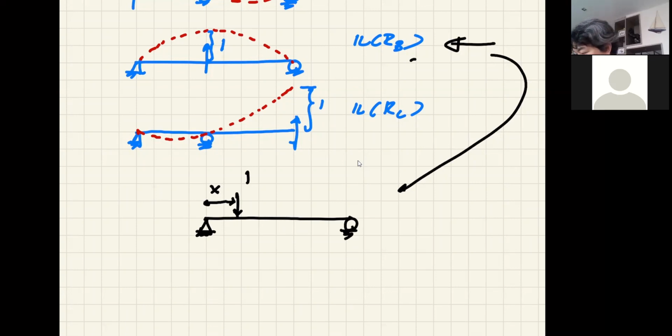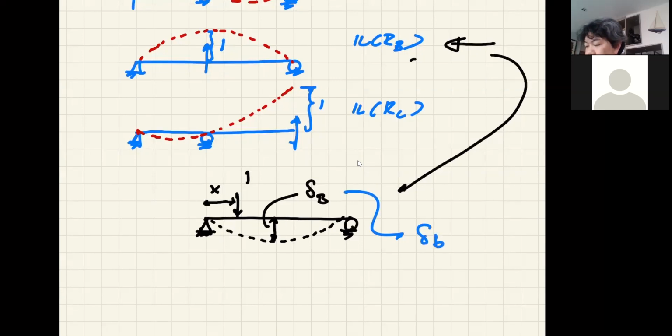So this unit load at any X location is going to push this one down, and we need displacement at B. If it is a unit load, we may call this delta B when the load is at X.